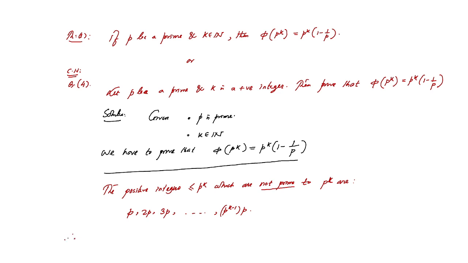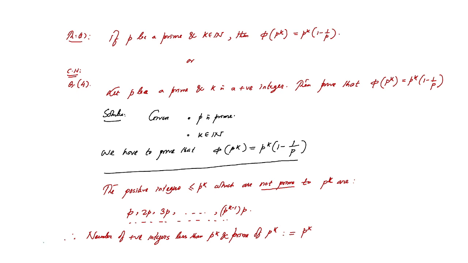So therefore, the number of positive integers less than p to the power k and prime to p to the power k will be equal to the total number, p to the power k, minus the count of numbers which are not prime to p to the power k.